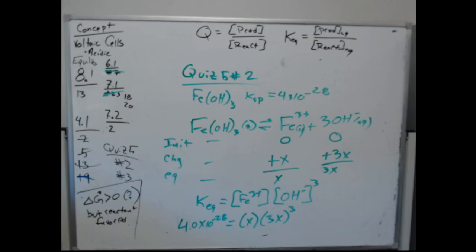I will tell you the most common mistake I make at this point, which is embarrassing. I do this as 9x to the 4th, because I do 3 times 3 is 9. But it's 3 cubed. It's 27x to the 4th.